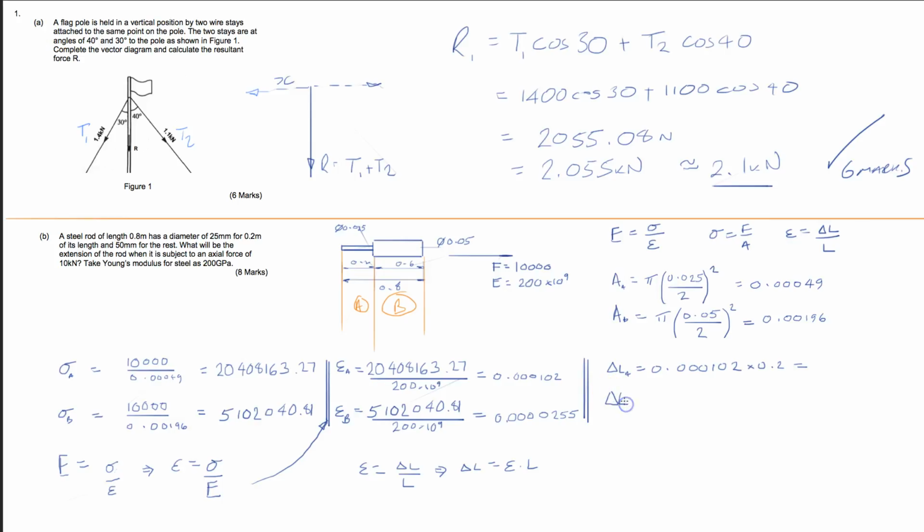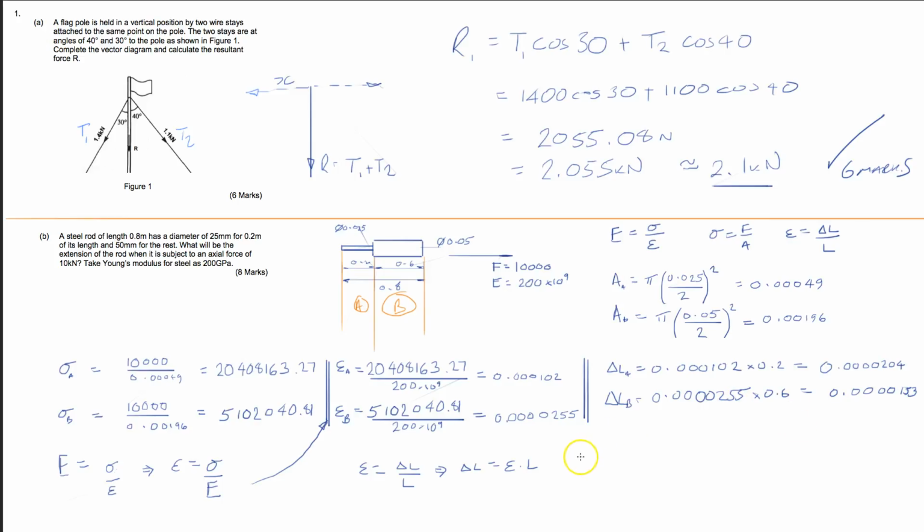Delta L for section B is going to be strain times L, so 0.0000255 times 0.6, which is equal to, right, I'll stick that in the calculator. There we go, so I've worked that out.